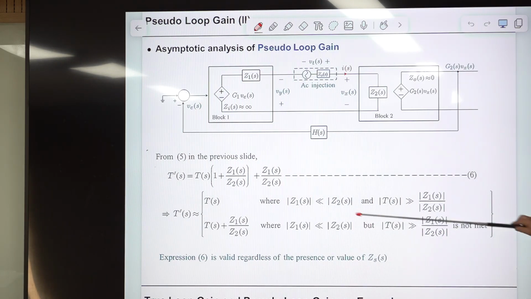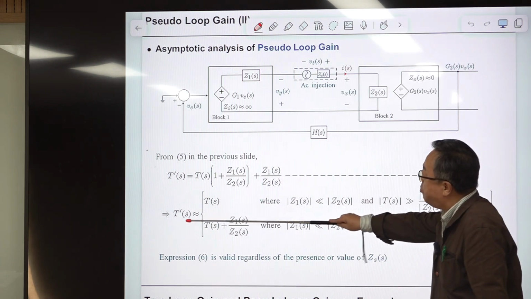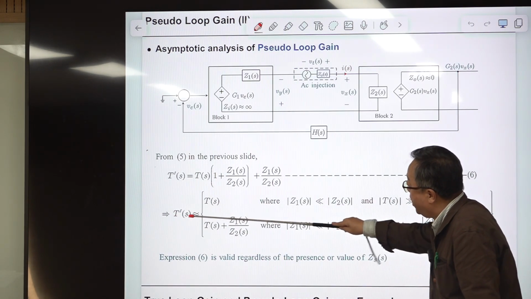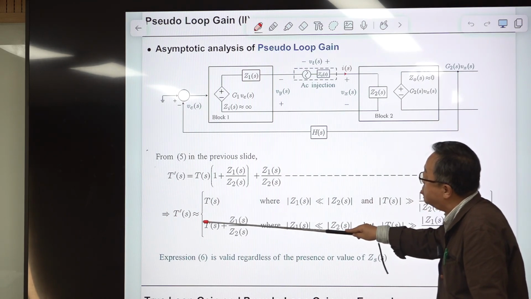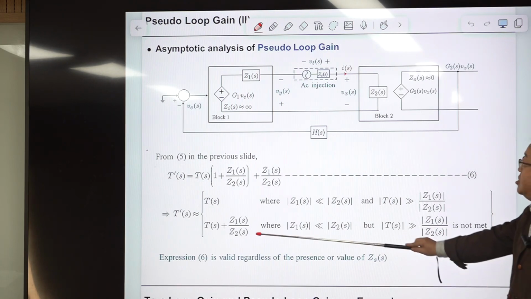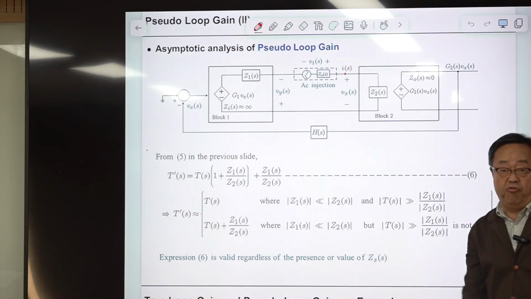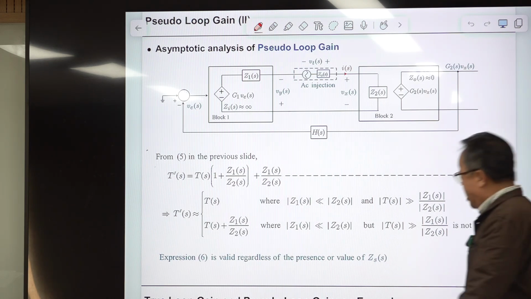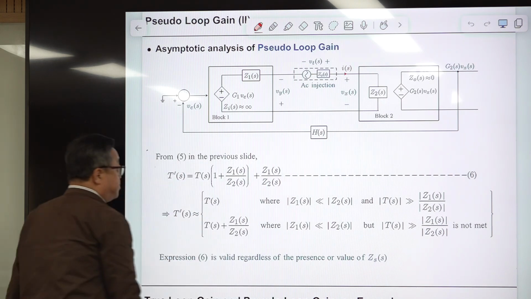So for this case, the pseudo loop gain is very close to the true loop gain, but in this case, the pseudo loop gain is the true loop gain plus some additional term. Hopefully this term will be very small, so we have a good approximation for both cases. That is our desired goal here.